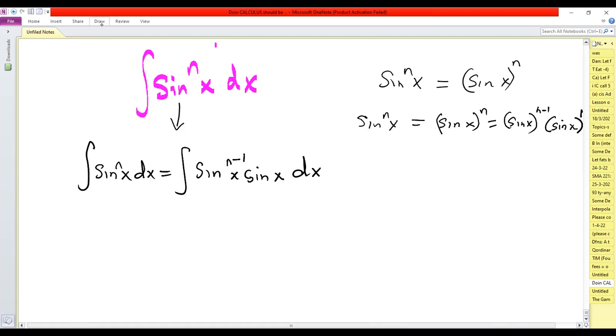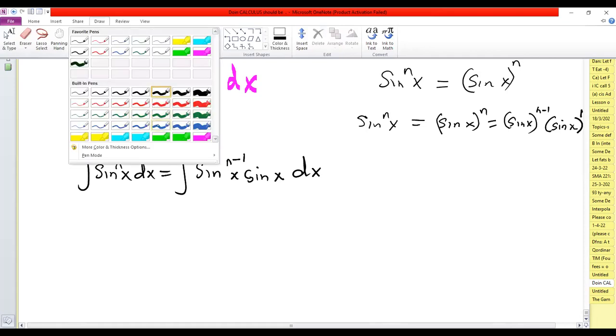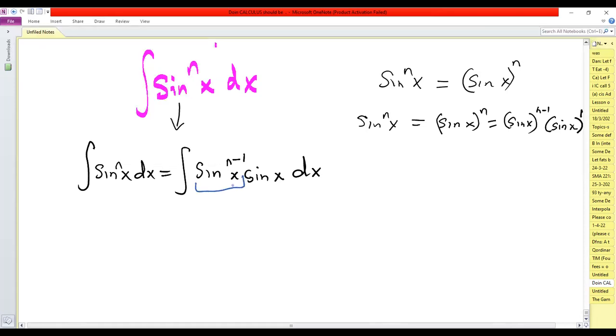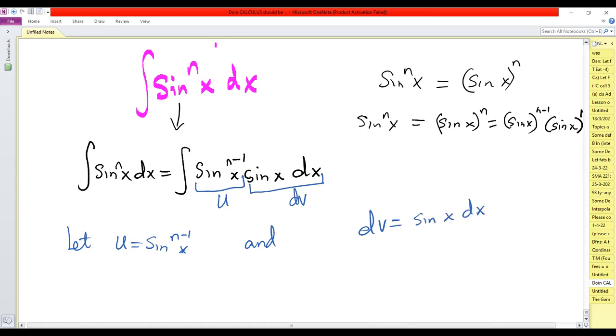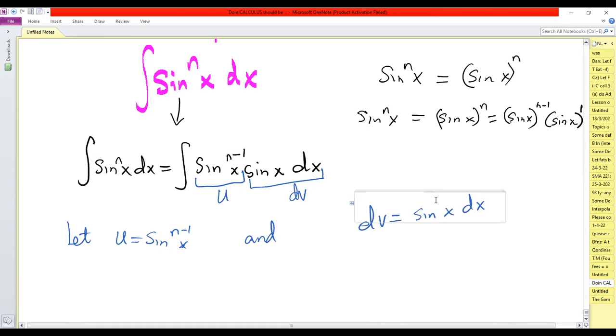Now, once you have done this splitting or rewriting of sine power n x, we let this part be u and this other part be dv. So let u be sine power n minus 1 x and dv be given by sine x dx. Now, remember sine raised power n minus 1 x is the same thing as sine of x power n minus 1.